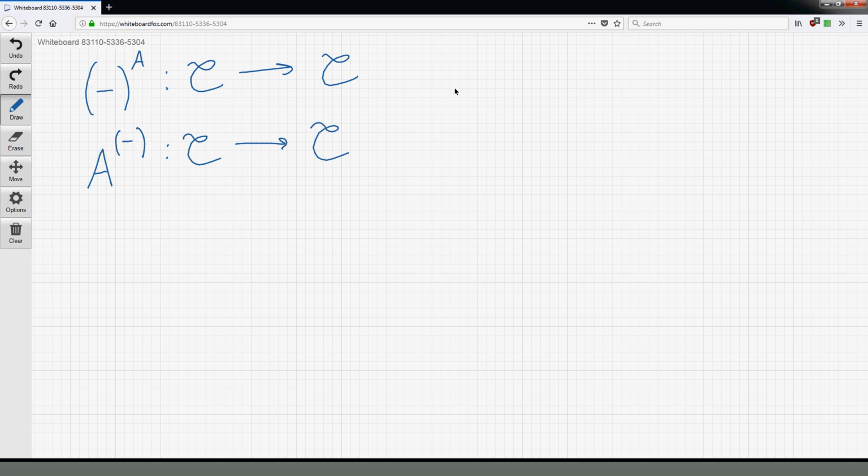Let's try to figure out what it would map a morphism to. So I'm just going to draw a little diagram here. We have a morphism from x to y. Call that f, so that we can still use the a in that.